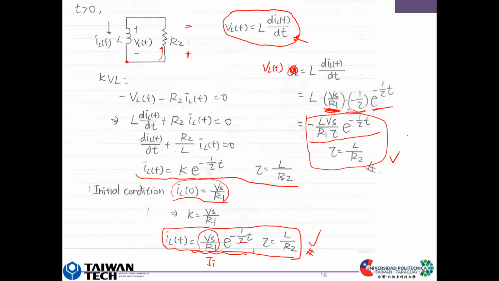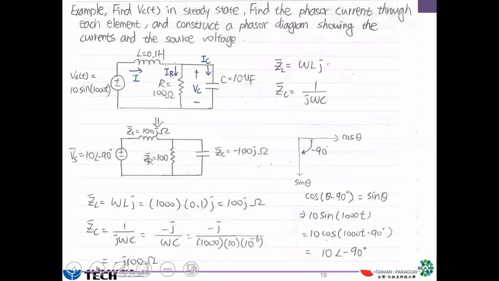Okay, for second order problems, we will review them in Friday's class. And then next problem, I'm going to review the AC steady state analysis. For example, find VC(t), the voltage across the capacitor in steady state.